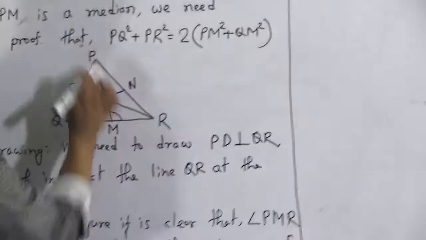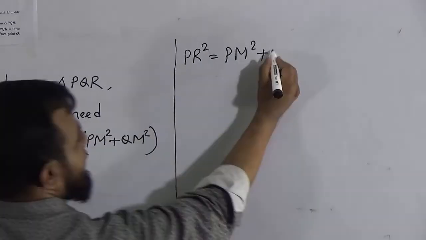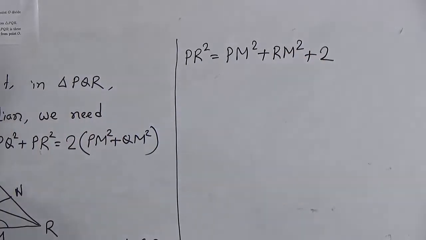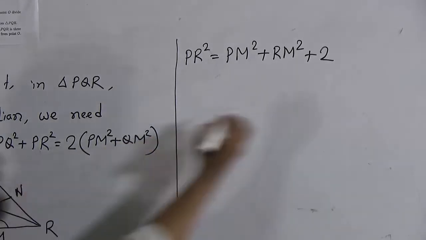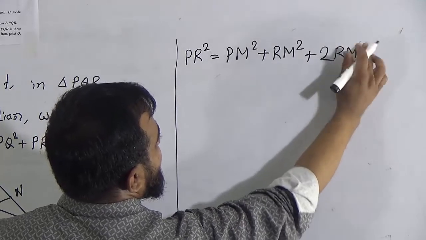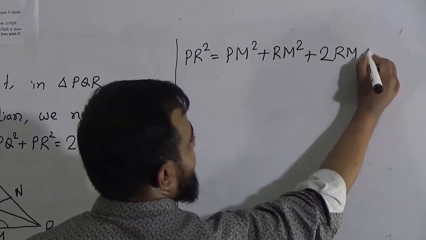is equal to PM square plus RM square plus 2 multiplied by RM into the orthogonal projection of PM, which is DM, multiplied by DM.